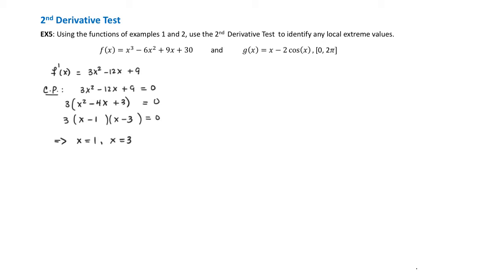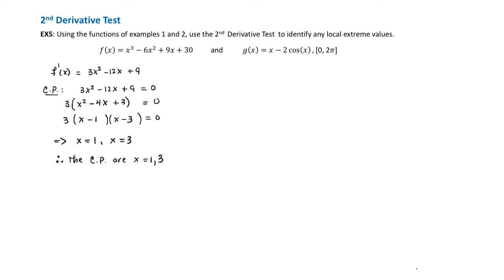Now, for these points to be critical points, we have to quickly check that the function is defined at those points, and the function is perfectly defined. x equals 1 and x equals 3 are in the domain of the function. So, conclusion, the critical points are indeed going to be 1 and 3.